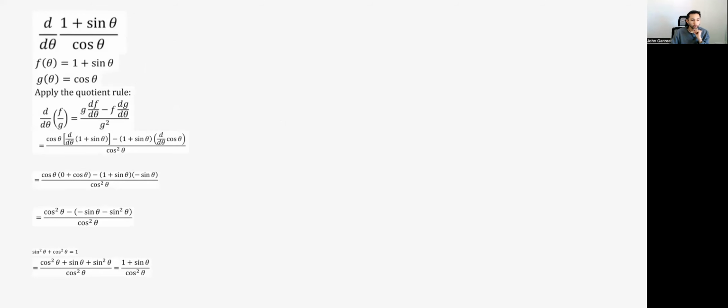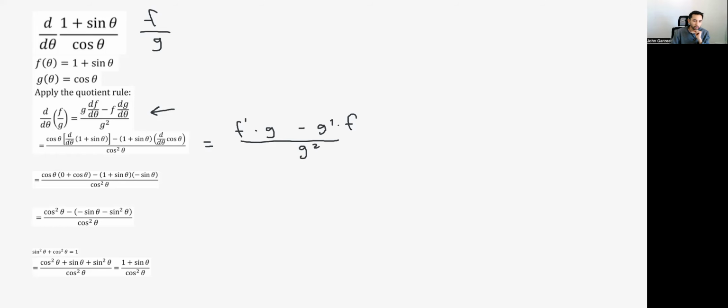All right, this one's going to be a quotient rule because we have f over g. So we're going to put it into this format. So in order to do that, we're going to say cosine: f prime times g minus g prime times f over g squared.